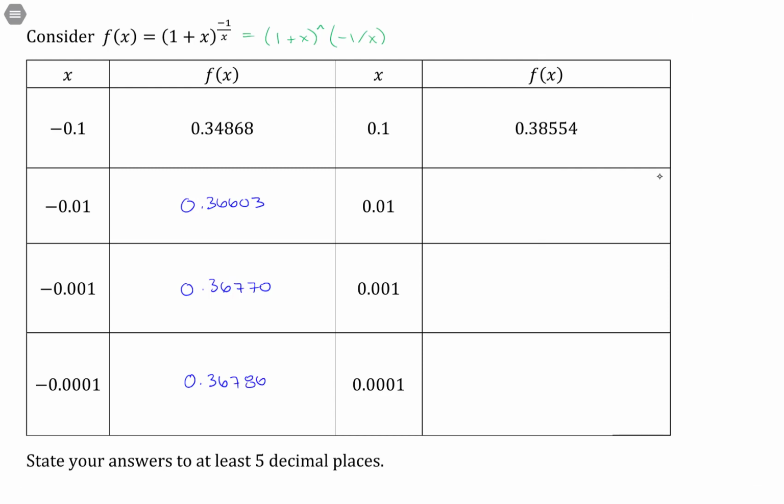Now, looking at these values, certainly the x is approaching 0 from the left-hand side. But what are we approaching on the y values? They all start with 0.3. The first one's 0.34, but the next one's 0.36, and the remaining ones are 0.36. So we are sort of targeting something.